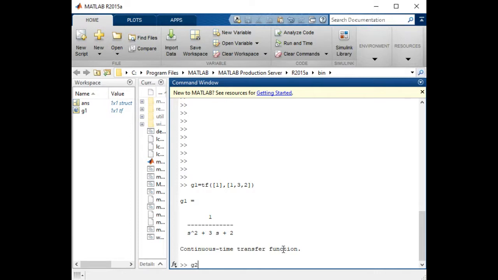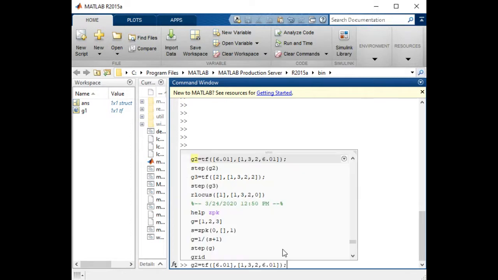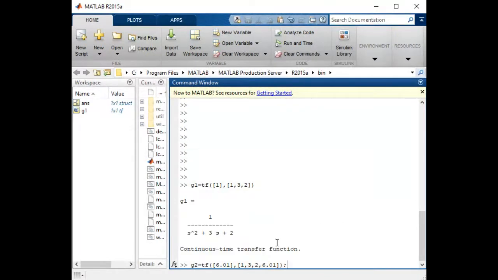The other system that I'm going to define now, let's do G2 equal, the new system now of k equal 19, so that's going to be 38.